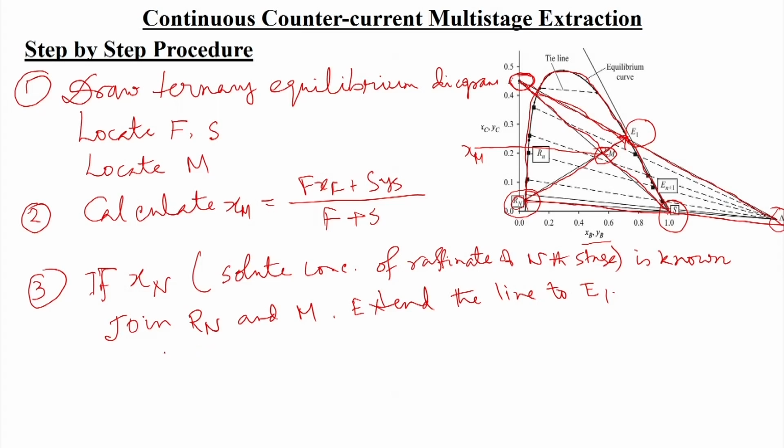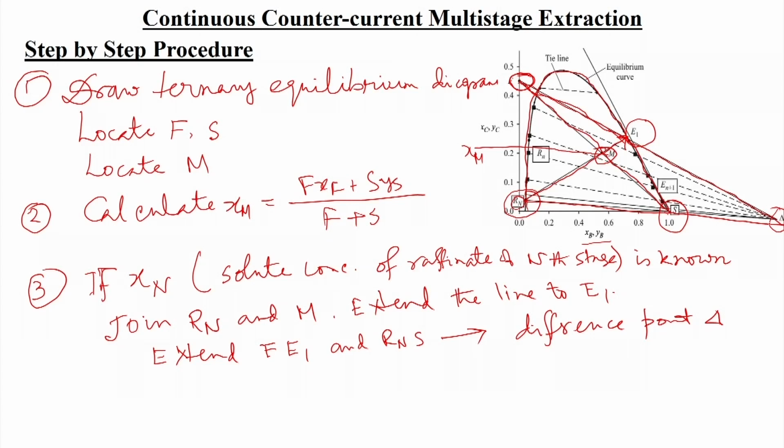So, if we extend F E 1 and R n S, then we will be going to this difference point, this delta. So, for all these stages also, if we extend this one, it will meet a particular point, that is called the difference point, that is delta.